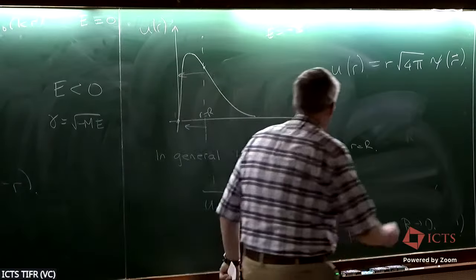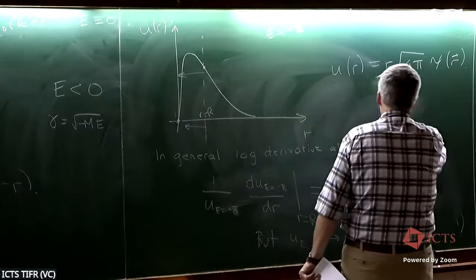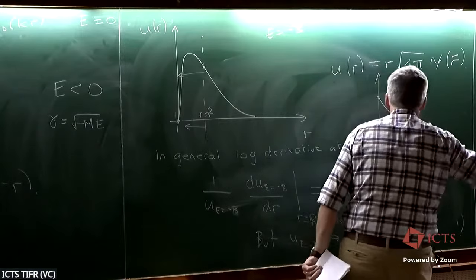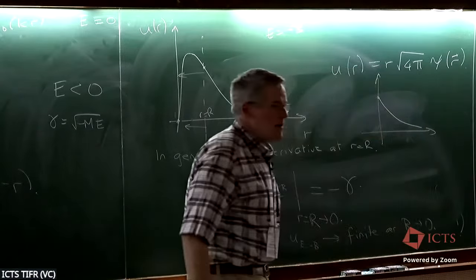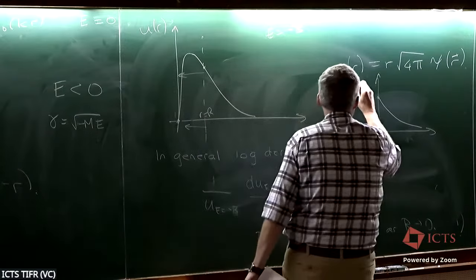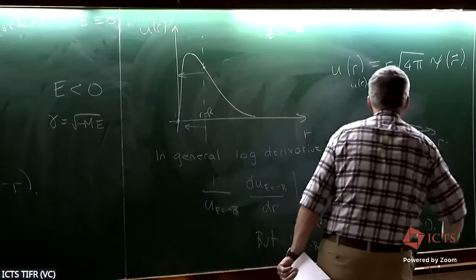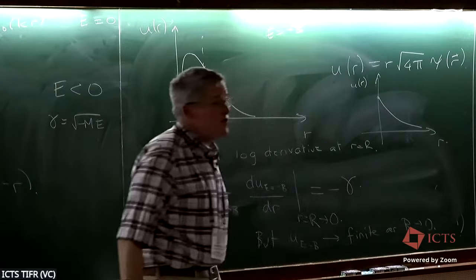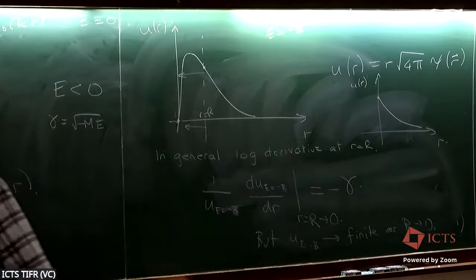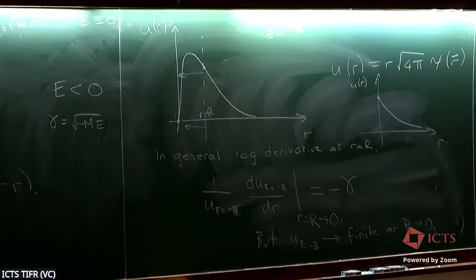So what's the wave function then? The wave function then is just that. This is u, not psi. So psi diverges at the origin in this theory. That's what the delta function does. You might think that this is not proper, but you can formulate a Hilbert space.